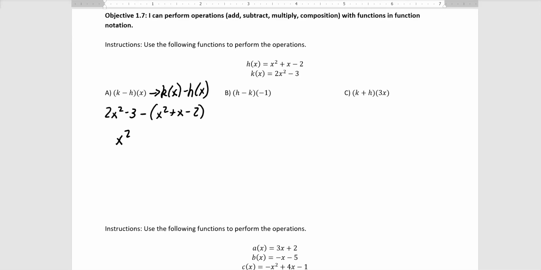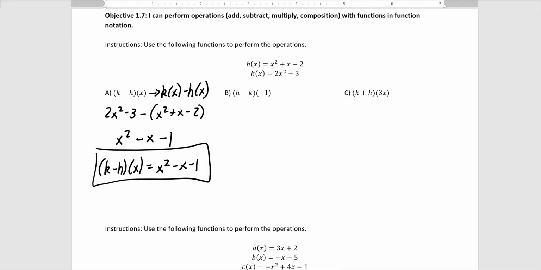Let's talk about this x first. So I'm subtracting x. So I'll just have negative x. And then negative 3 minus negative 2 will become negative 3 plus 2, which is negative 1. So I can say that k minus h of x equals x squared minus x minus 1.